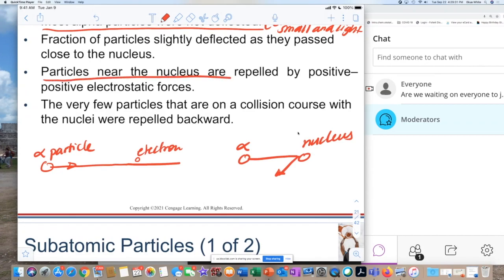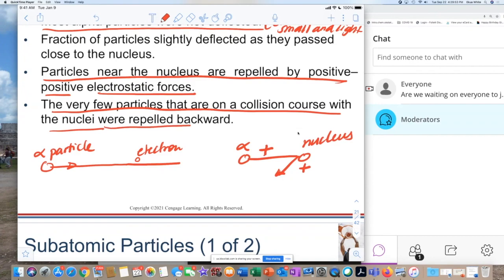Particles near the nucleus are either repelled by positive electrostatic forces. In other words, because the alpha particle is positive and the nucleus is positive, even the ones that didn't actually bump into the nucleus were deflected. Why? Because like charges repel each other. So we see very few particles that are on a collision course with the nucleus were repelled backwards.